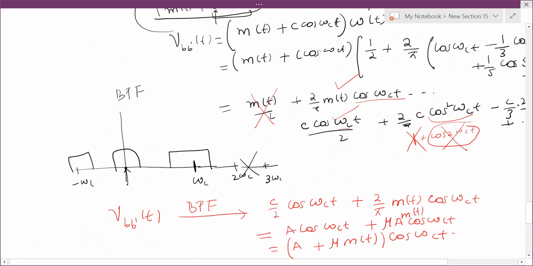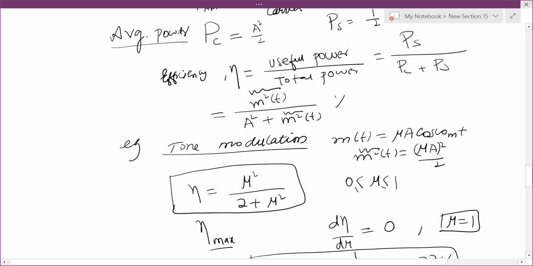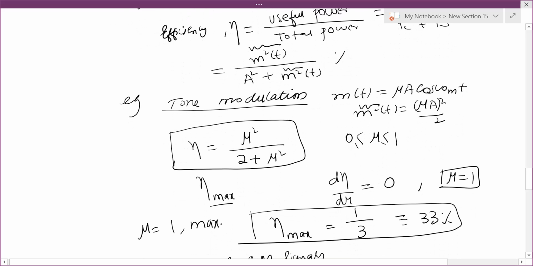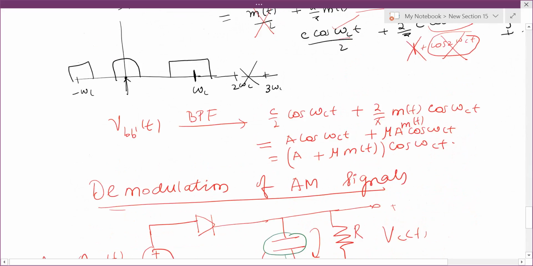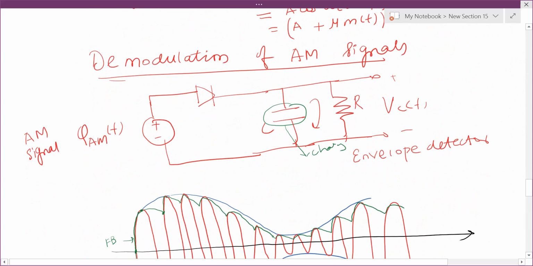Although there is a disadvantage in terms of energy efficiency, here 33% power efficiency, power is getting wasted because we are adding the carrier part. But why are we doing this? See the power: the demodulation part is very simple. No filter needed. With just three elements, diode, capacitor and resistor, you can design a radio receiver for AM. That is why it was preferred for radio broadcasting.